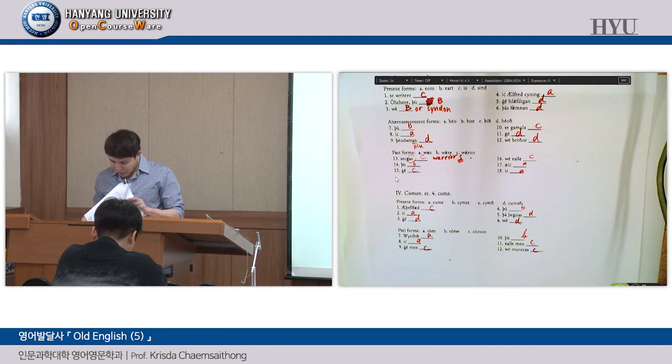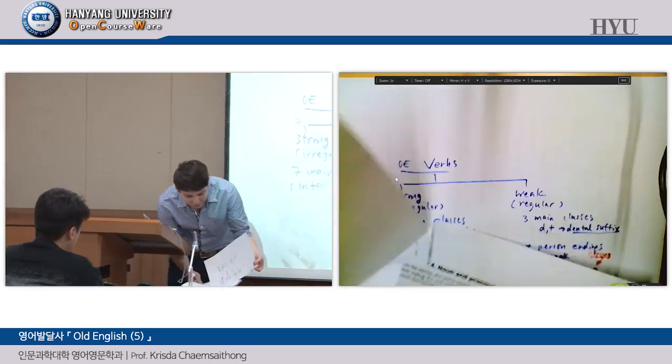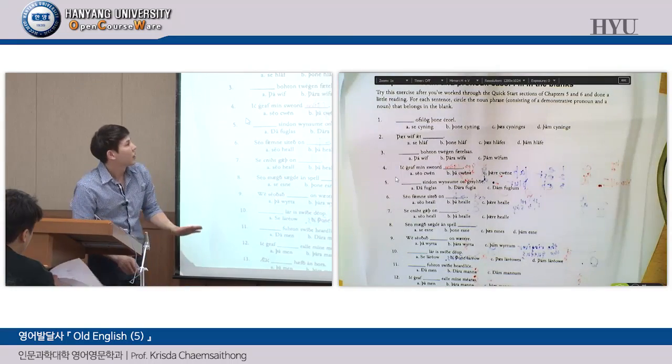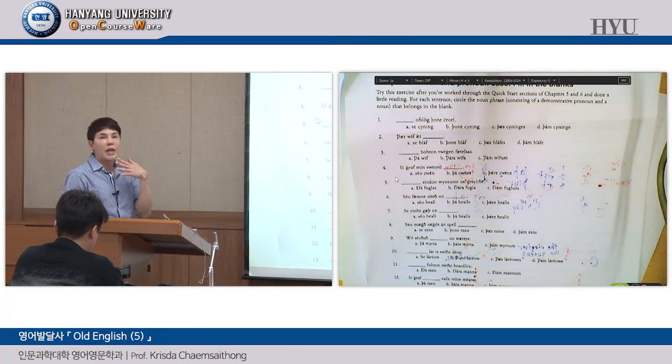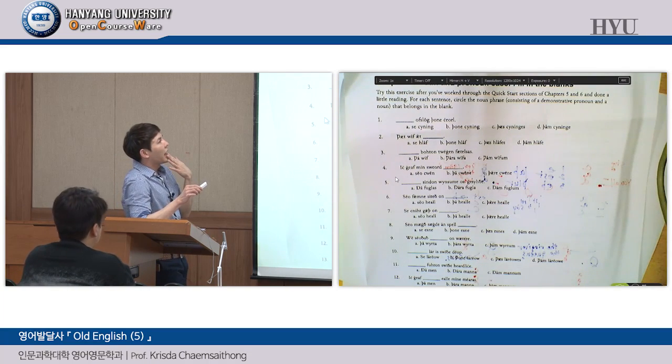Now today we'll start reading Old English. For this one, we'll come back to do the first page on Monday. So this is for homework, okay? The reason why I don't want to do it now is that we haven't practiced reading Old English.